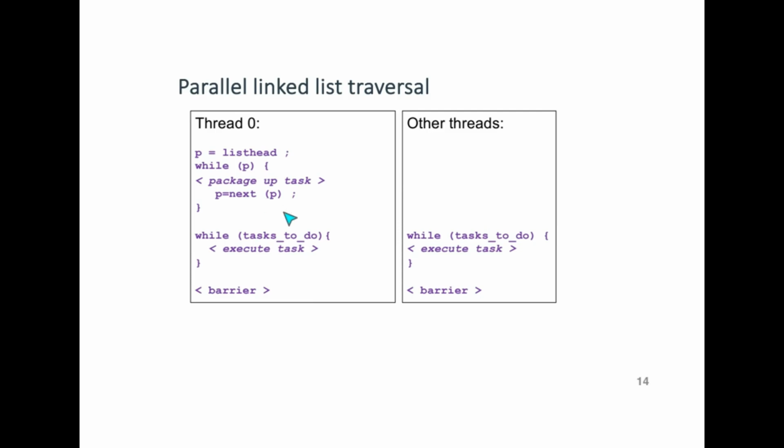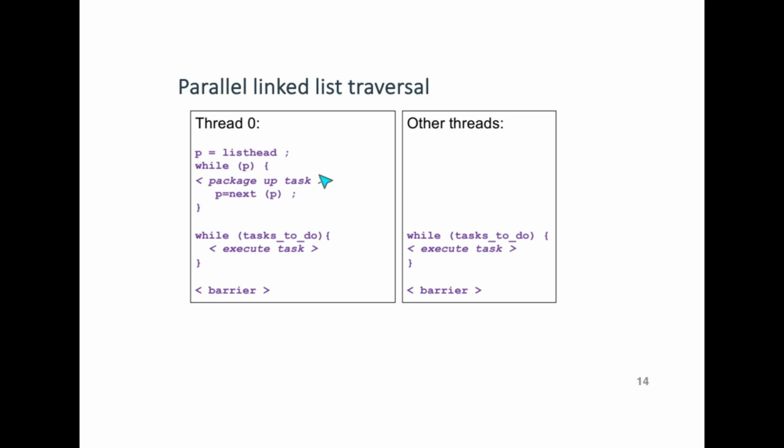In fact, the runtime has even more freedom than this, because it has to protect itself against generating too many outstanding tasks and possibly using too much memory to store them. So it's possible that thread 0 generates tasks for a while, then goes and executes some tasks, and when the number of outstanding tasks is reduced a bit, the master thread can go back in and carry on generating tasks.